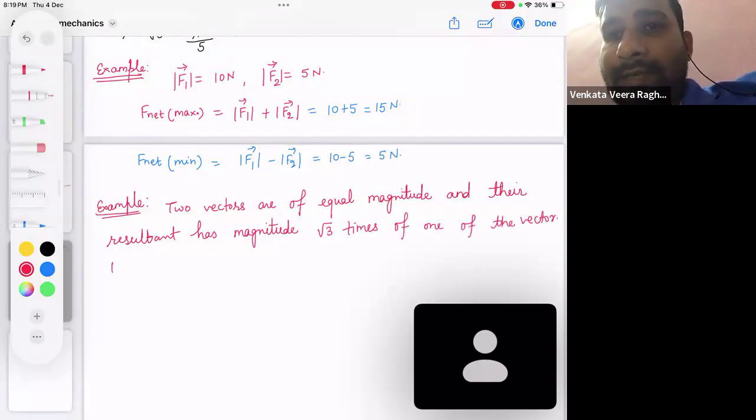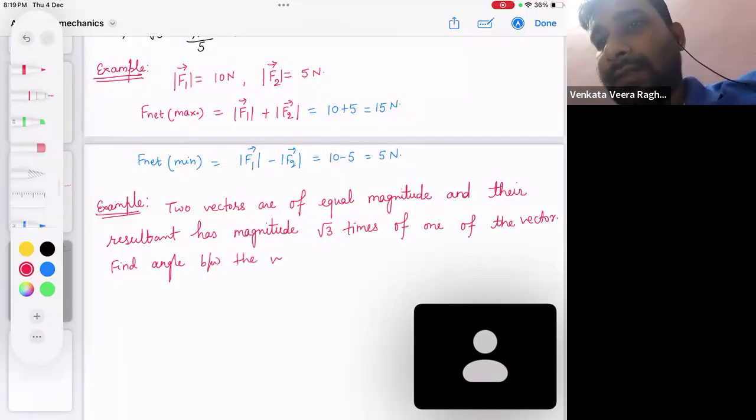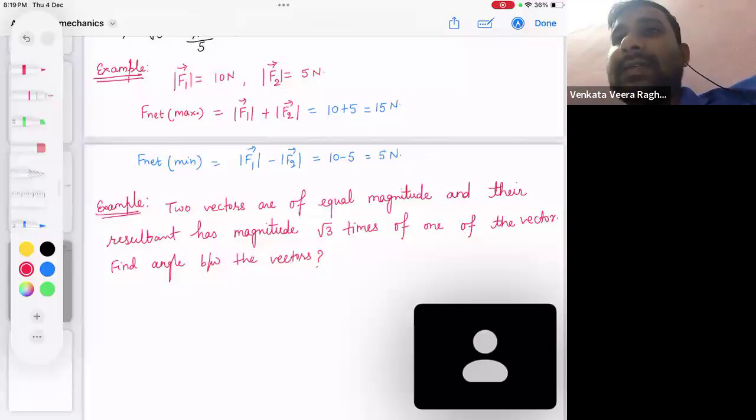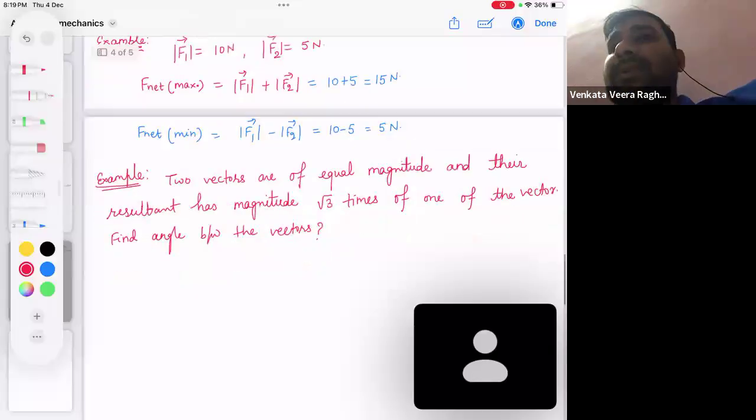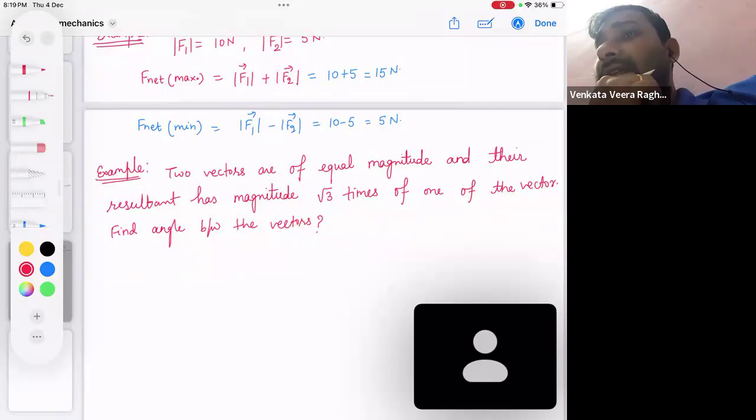Now they're asking to find the angle between the vectors. Is the question clear? The question says two vectors have equal magnitude, and their resultant has magnitude root 3 times the magnitude of one of the vectors.